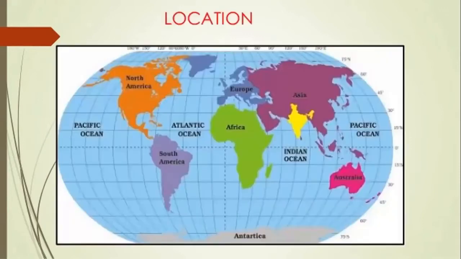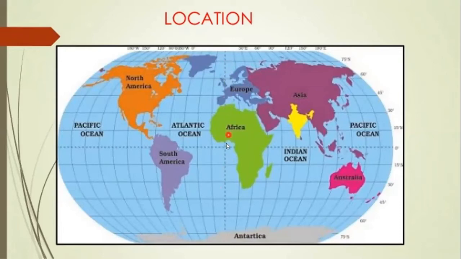Well, this is the world map, and you can see the yellow color, that is India. If you look at this, you will notice that this dotted line is the equator. The standard dotted line, what is this? The prime meridian.